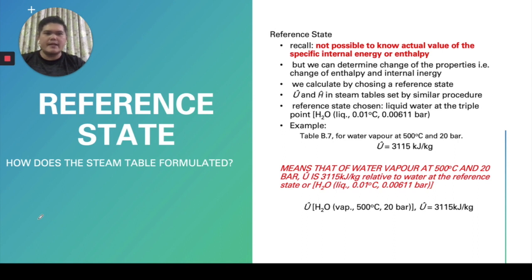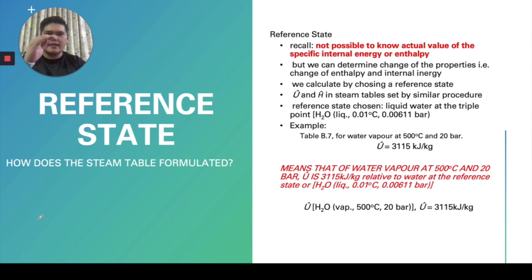It is set by a similar procedure. So, for example, in order for the steam table to be formulated, they have chosen that the reference state is liquid water at the triple point, which is H2O at 0.01 degrees Celsius and 0.00611 bar.